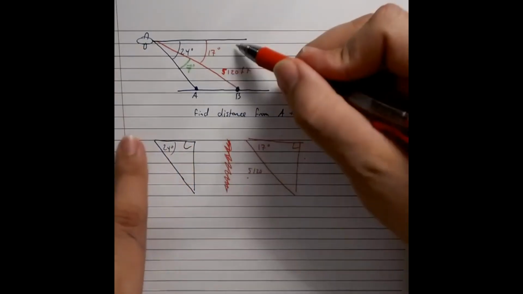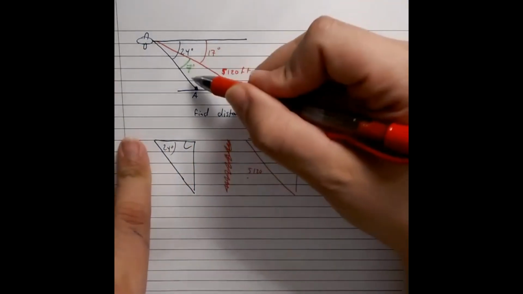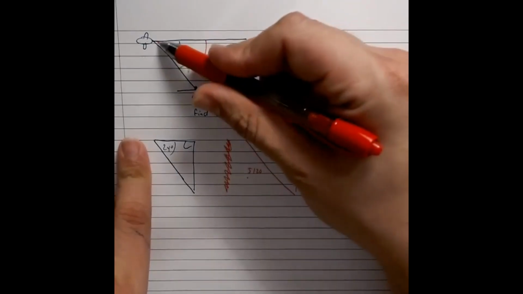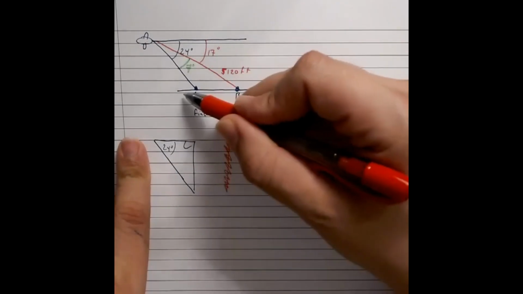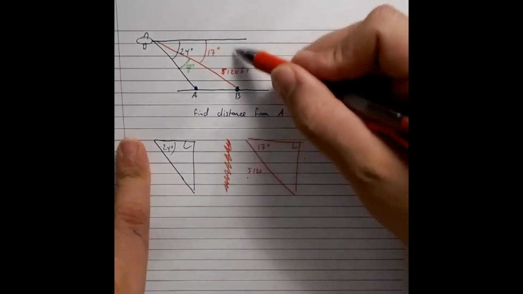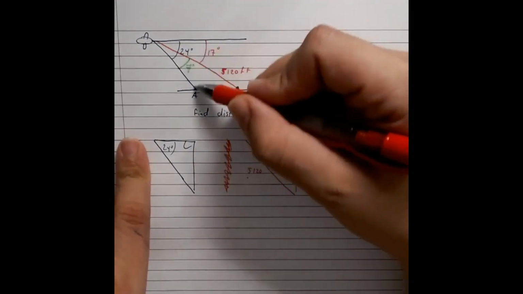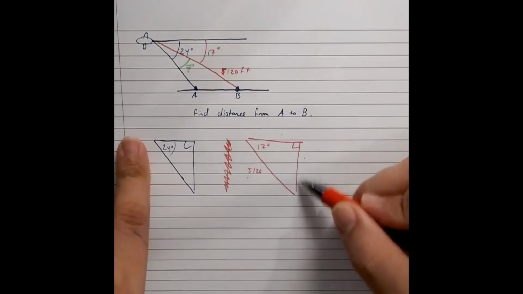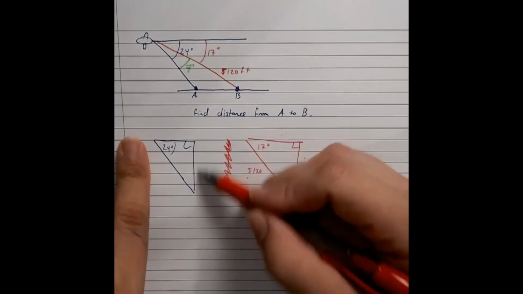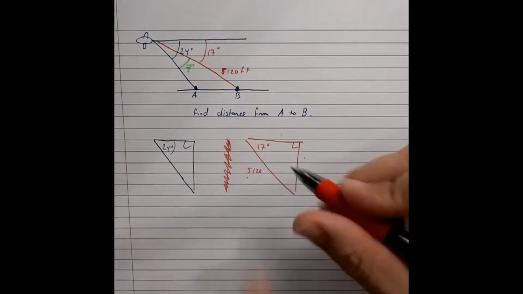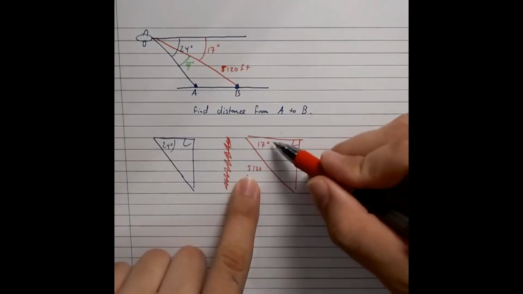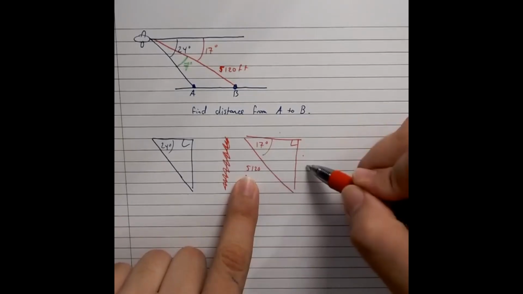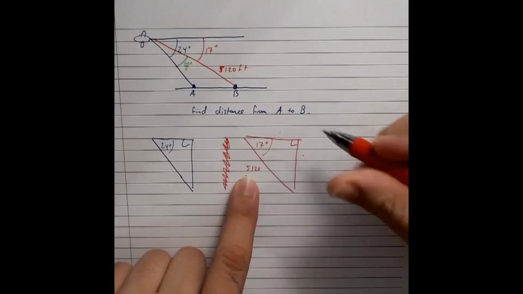Notice that this elevation and this elevation must be the same. Again, this is a perfectly flat line, and this is the flat line, the ground. So whatever this height is must be the same as this height. So if I can figure out this height, I'll figure out this one. Okay, so I want something about this angle. I want to figure out the side opposite, and I know the hypotenuse.